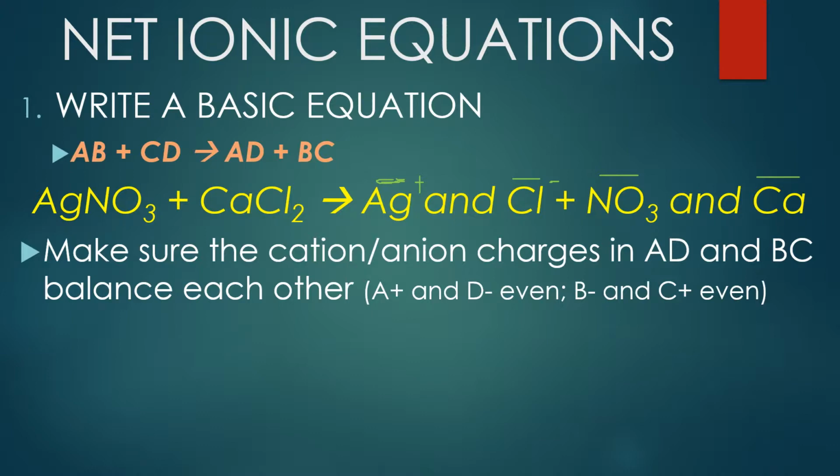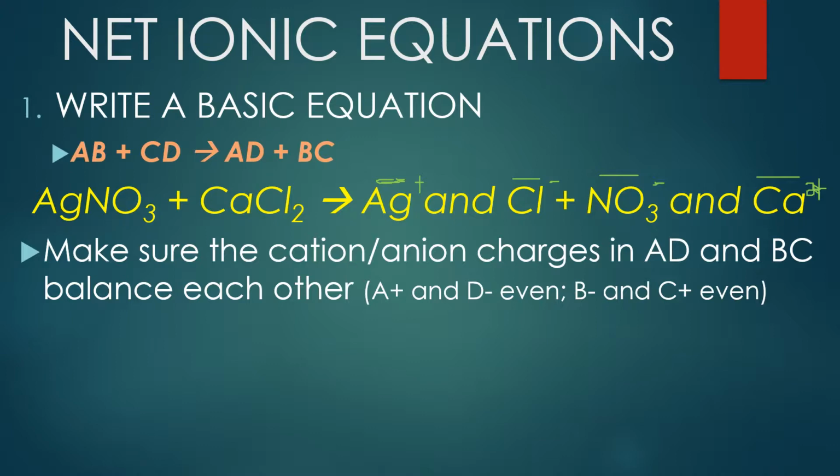The nitrate is an anion and the calcium is a cation. Oops, calcium's 2+, sorry. So you want to make sure that when we put these together in the formula, the cation and anion charges are even, to make a zero charge compound.